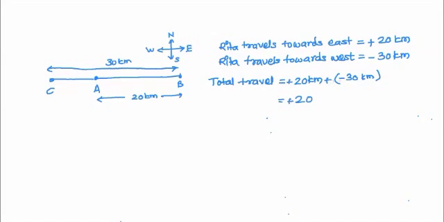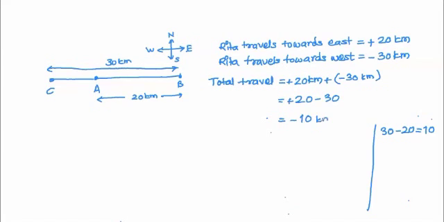Plus and minus, successive signs, different signs gives us minus. So 20 minus 30. Minus means subtraction. Subtraction of the smaller number from the bigger number gives us 10. So the answer is 10, but we have to give the answer the sign of the greater number. Out of this, the greater number is 30. Its sign minus is given to the answer.